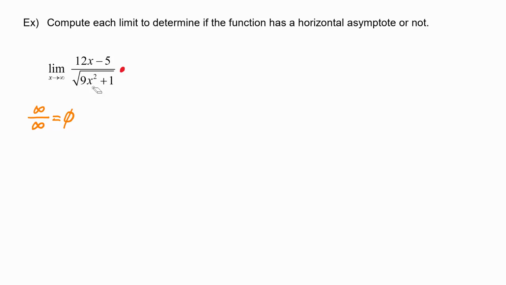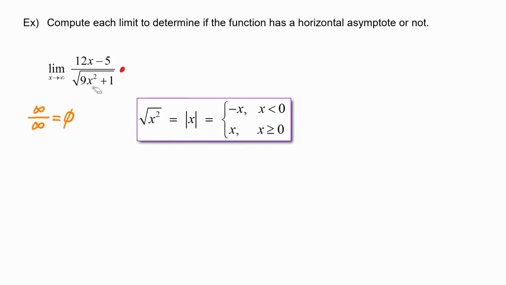So the effective degree, if you will, is actually 1. So we do expect that there will be a horizontal asymptote because the degree of the numerator is 1. The effective degree of the denominator is 1. And when the numerator and denominator have the same degree, we do expect that there will be a horizontal asymptote.